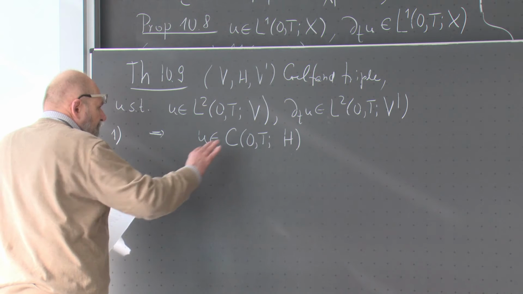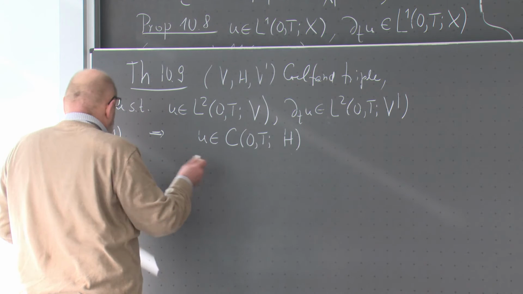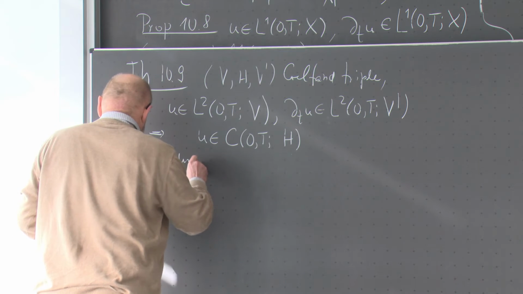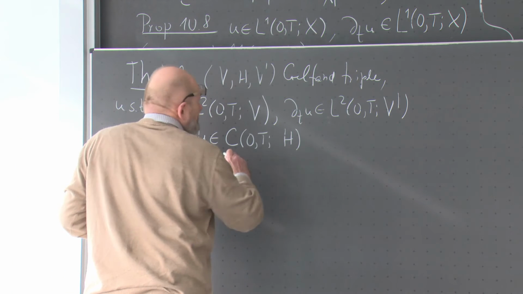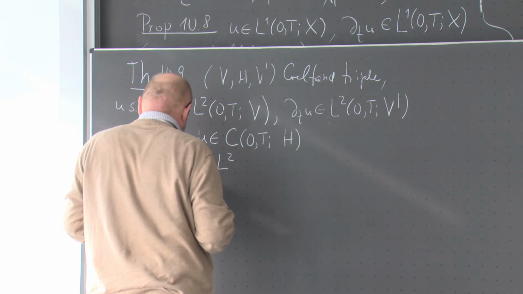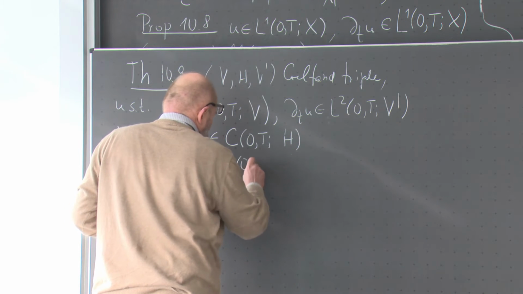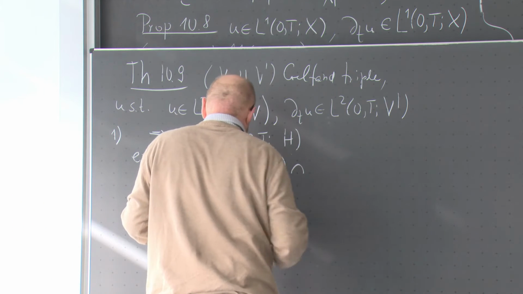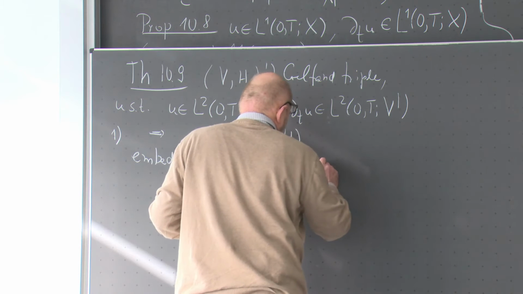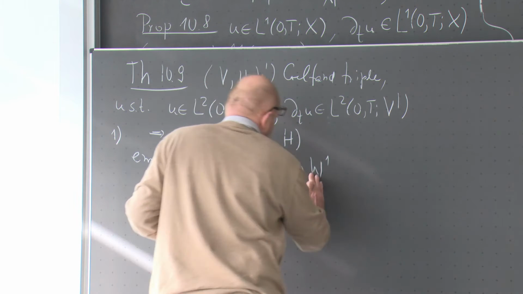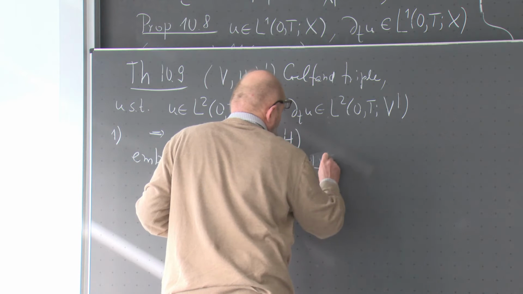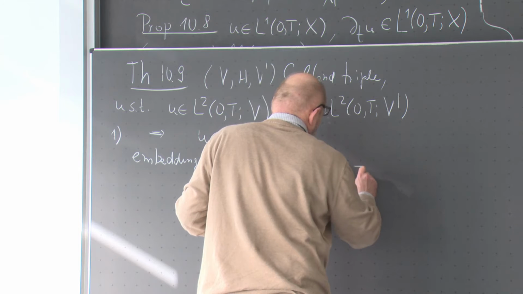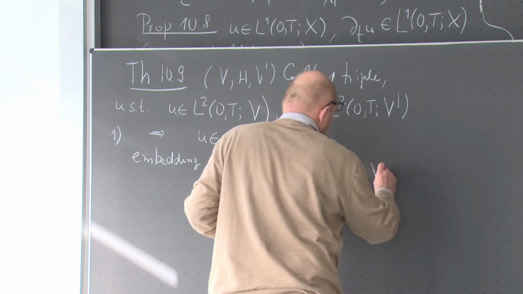So this is not only a set inclusion. It means, as I said already, that the embedding is these two things together. So what do we have? We have the function in L2(0,T; V), and we have it also in H1(0,T; V prime).